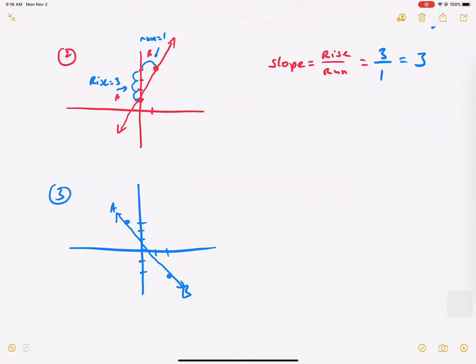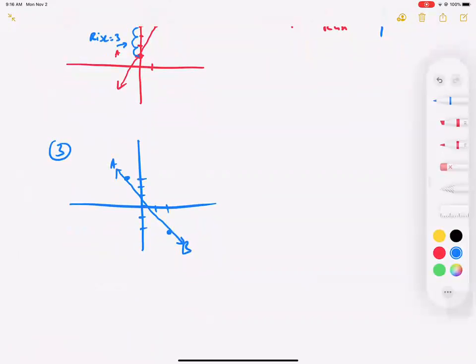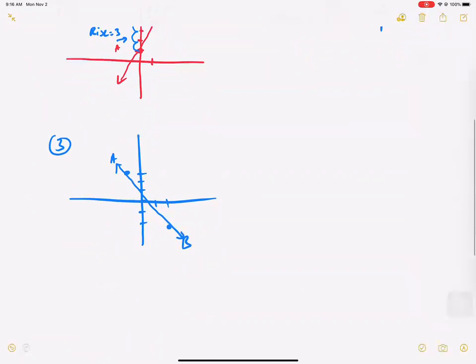Remember, the slope is just writing the two numbers separately. Tell me what the rise is and tell me what the run is. And the rise can be negative. Okay, it can be negative. So let's go ahead and try this. If you guys haven't done so already, you guys can tell me what the slope is.